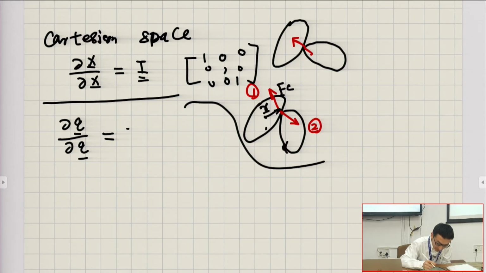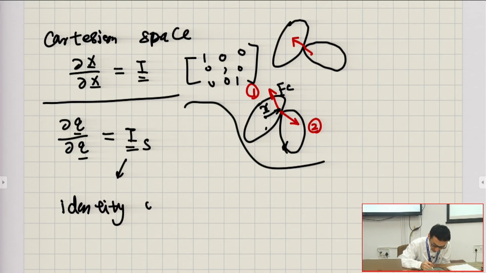Okay, let me write this down, and I'm going to explain. You can also calculate this using algebra, but I'm trying to motivate this using physics. So let's call this I_s, the identity on the unit sphere.